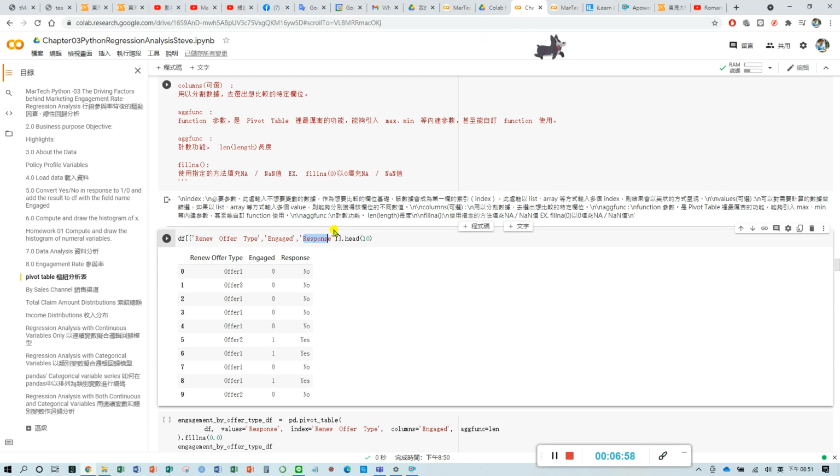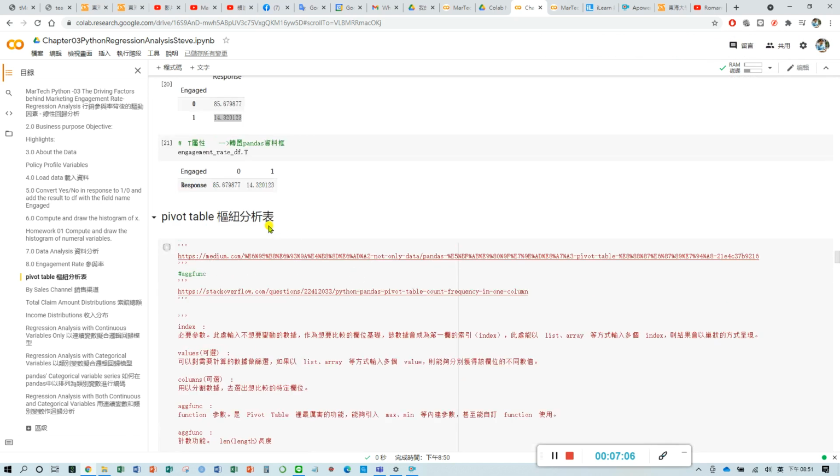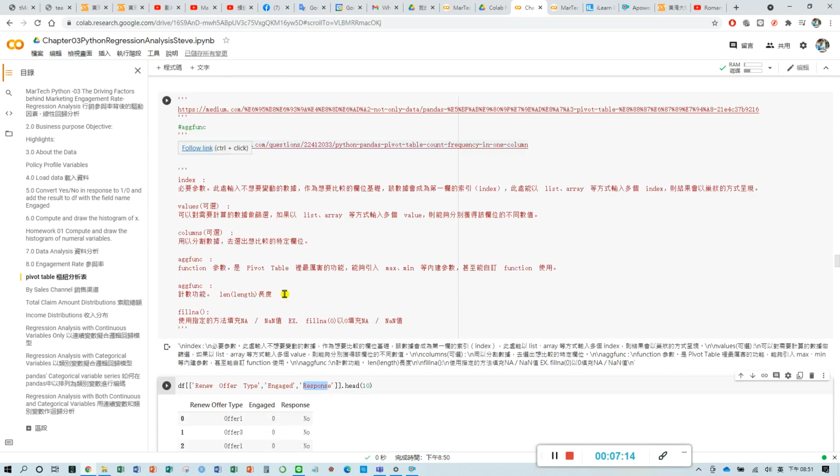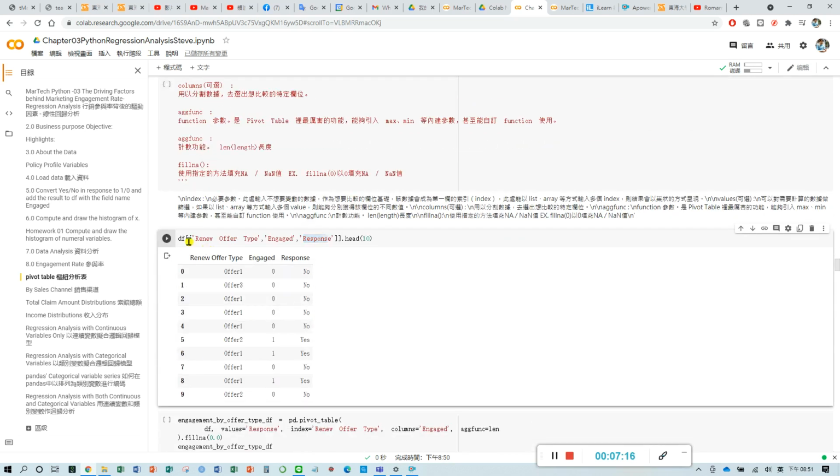We want to show the cross relation with these three variables. That's why we use a pivot table, we call 枢纽分析表, the relationship between columns.